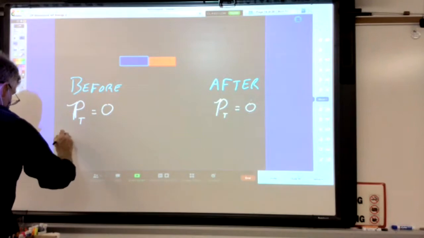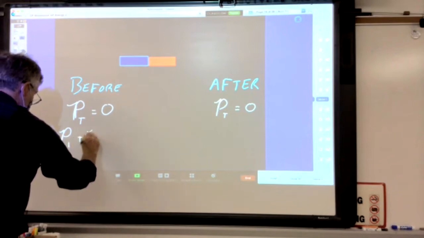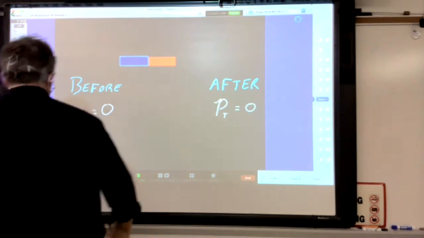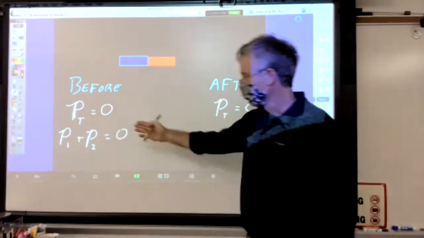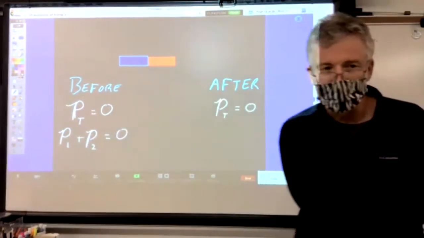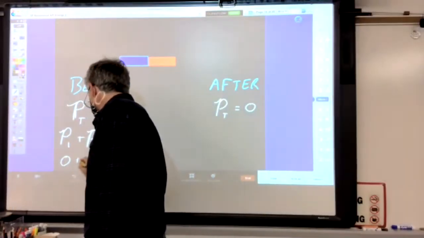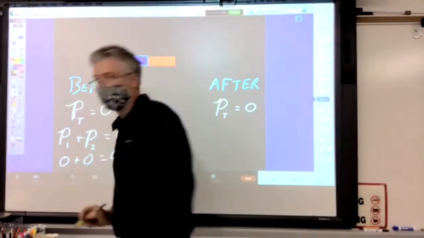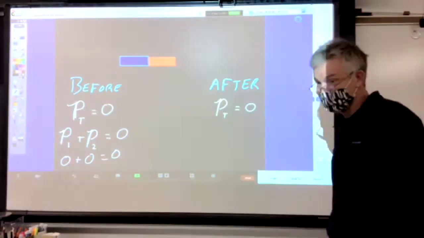Before, the total momentum is the momentum of cart 1 plus the momentum of cart 2, which has to equal 0. Now, both P1 and P2 are 0, so we essentially have 0 plus 0 equals 0. Anybody surprised at that? That was not supposed to be difficult, and it wasn't.